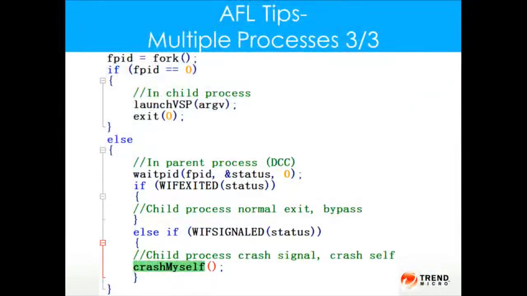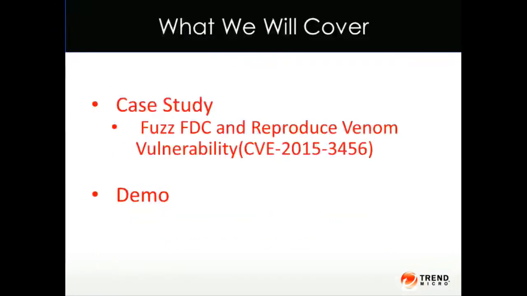As the pseudocode of the DCC, first it will fork a child process. In the child process, it will launch the virtualization software process, and in the parent process, it will wait for the VSP, and if the VSP process crashes, then we will get a special signal. Then the DCC will crash itself inside its process scope.